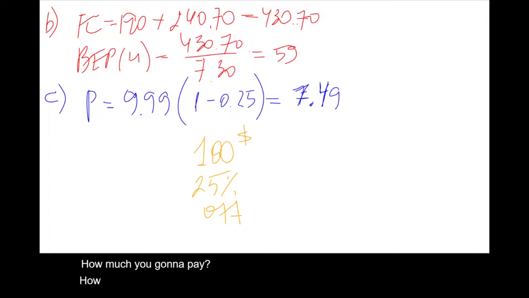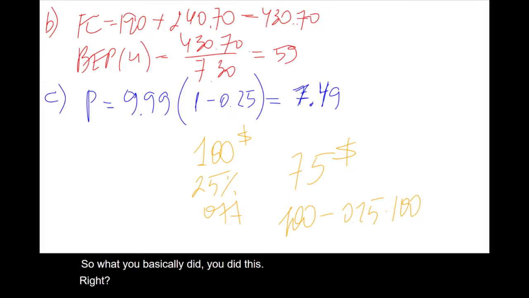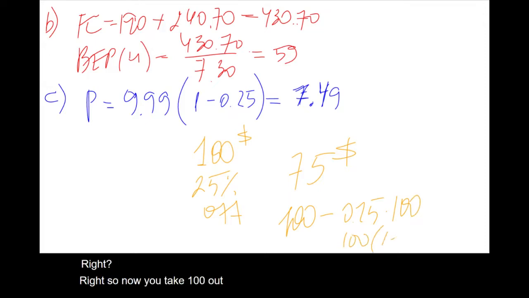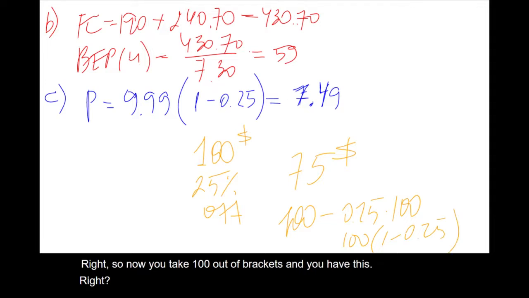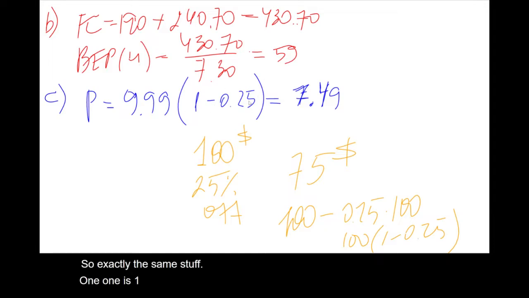How much will you pay? $75. How did you find it? I took away 25. So what you basically did, you did 100 minus 0.25 times 100, right? Now you take 100 out of brackets and you have 100 times (1 minus 0.25), exactly the same stuff. So the one is kind of like the 100%. And 0.25 is the discount. Okay, this makes sense.